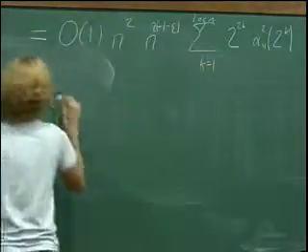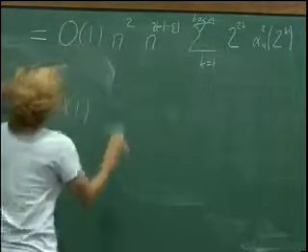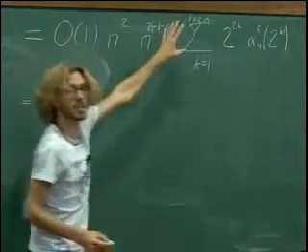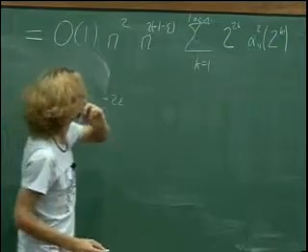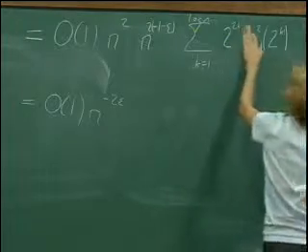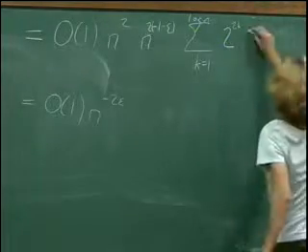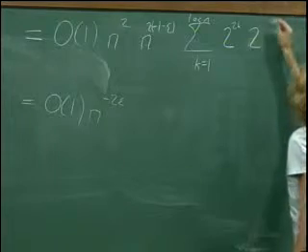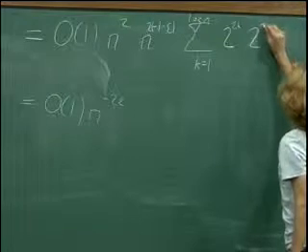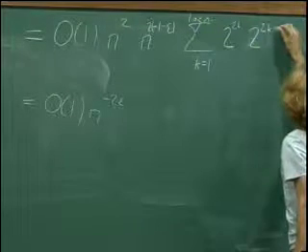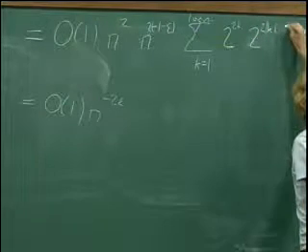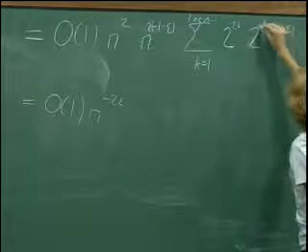What's going on now? We've got big O of 1. We've got n to the minus 2 epsilon. This other thing doesn't really matter, but it's 2 to the 2k times 1 plus epsilon with a minus sign, since we had a square.